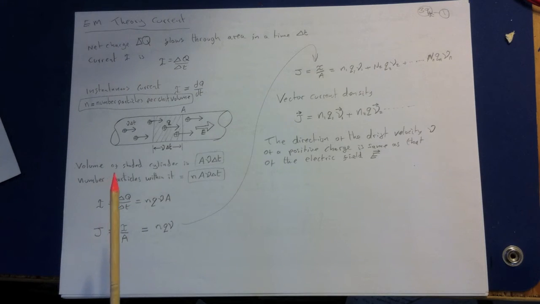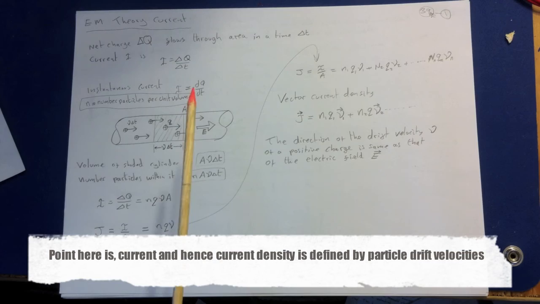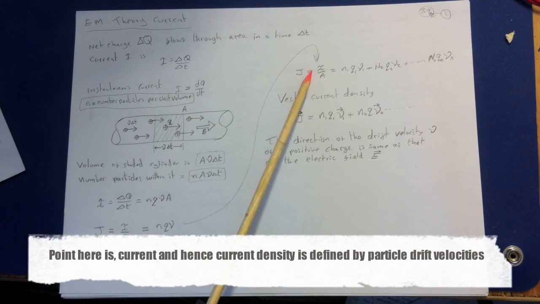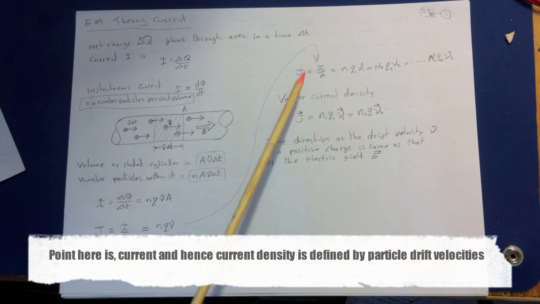So in general, a conductor may contain several different kinds of charged particles, having charges q1, q2, q3, concentrations n1, n2, n3, etc., and drift velocities v1, v2, v3. We can write the current density by dividing through by A. So we get the current density J is I over A, which is n1 q1 v1 plus and so on.